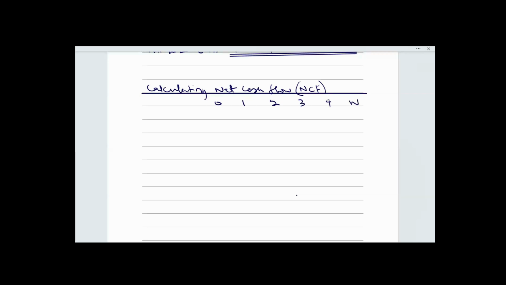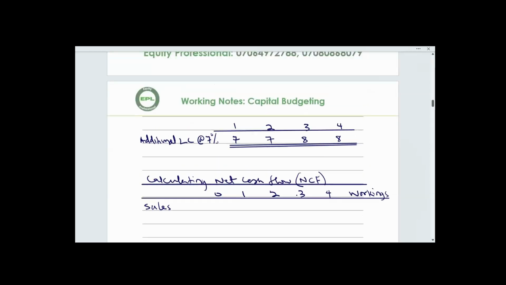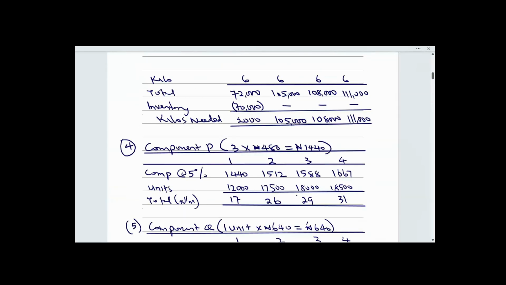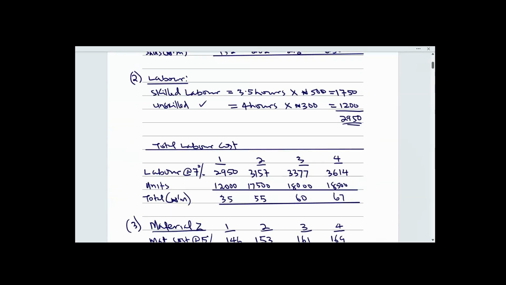Then you create an additional column for workings. So we are starting with the sales. We have calculated sales value for respective years. That's where we started from.